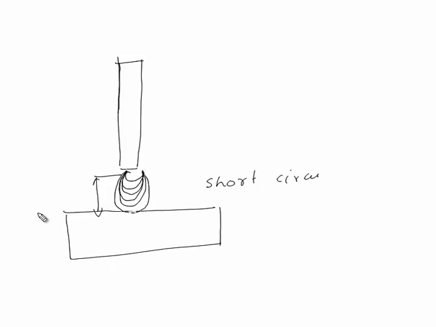Under this condition of short circuiting, heavy flow of current starts through the molten metal itself, and the heavy flow of current because of short circuiting leads to high heat generation, and high heat generation causes the thinning of the molten metal.